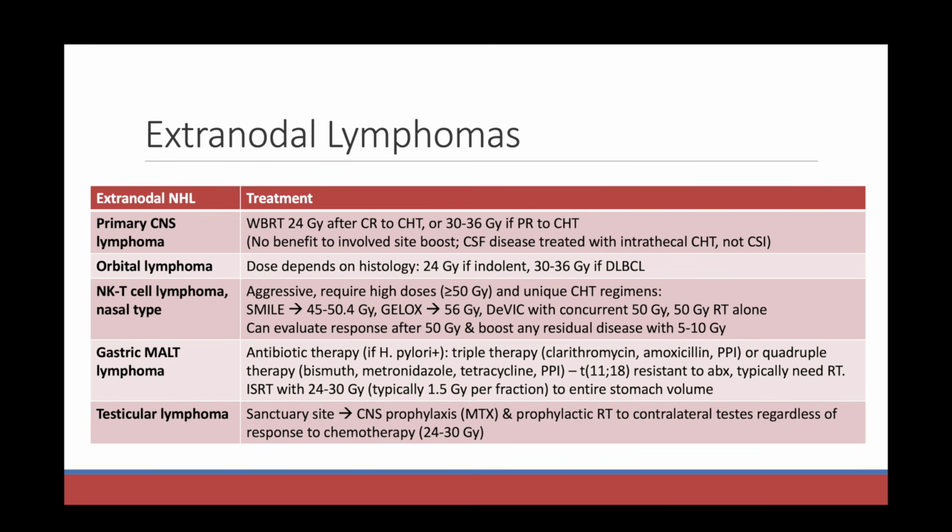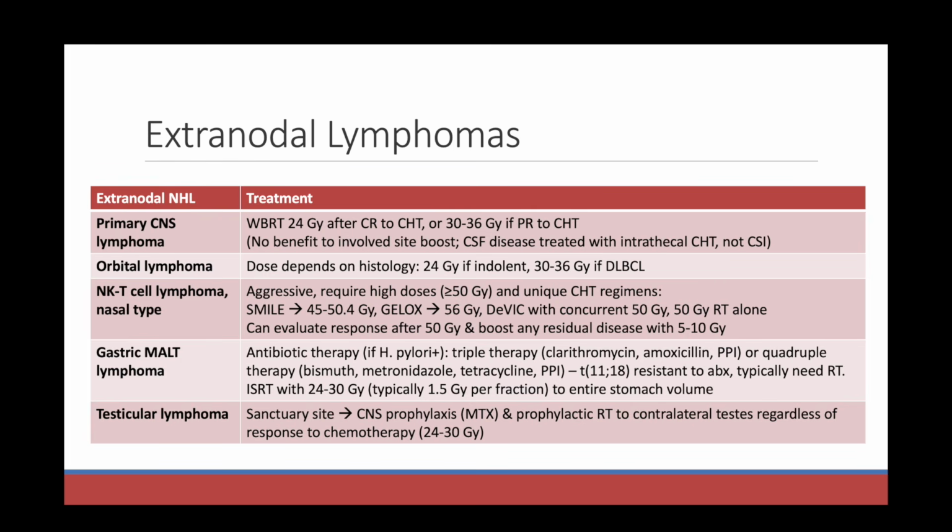And then finally, testicular lymphoma is unique because the testes are a sanctuary site, similar to CNS. So if you have testicular lymphoma, you typically manage with upfront orchiectomy with that high inguinal ligation, similar to what we do for seminoma. And then they need some prophylaxis to other sanctuary sites.